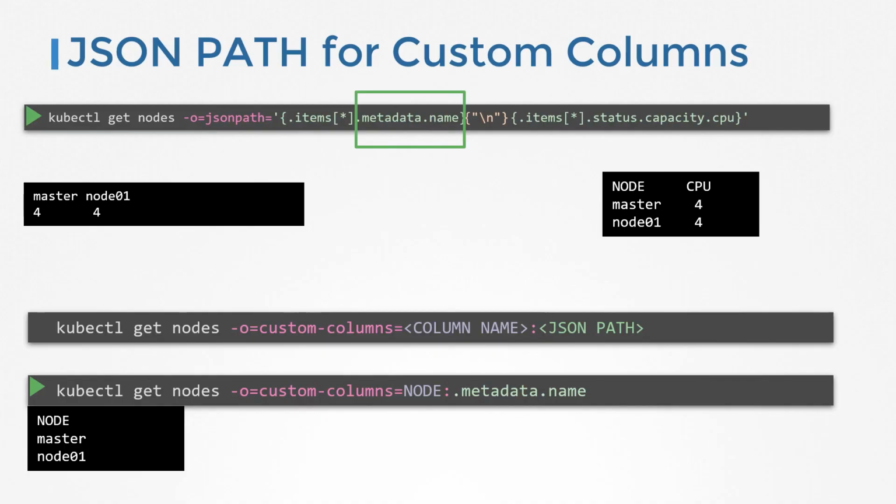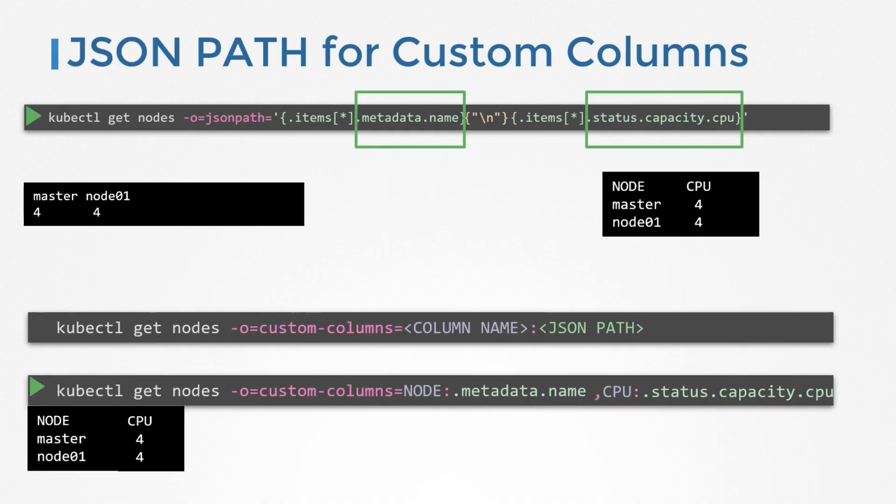This prints the first column with the given column name and its data. Similarly, you can add additional columns by adding additional column and JSON path pairs separated by a comma. So we add the next column named CPU with its data at .status.capacity.cpu. Much easier and cleaner.